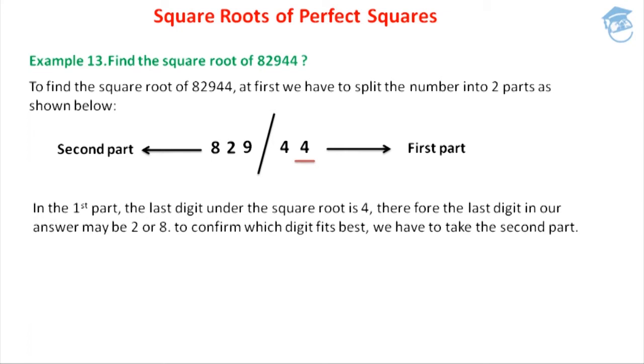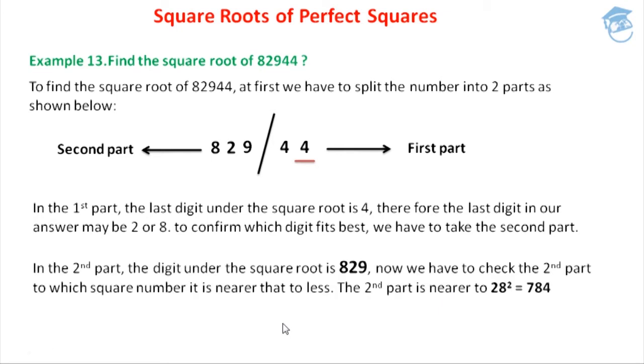But in order to confirm which of these two digits fits best, 2 or 8, we have to take the second part, that is 829. This number in the second part is a little bit bigger, and you cannot find it in between any of the square numbers.